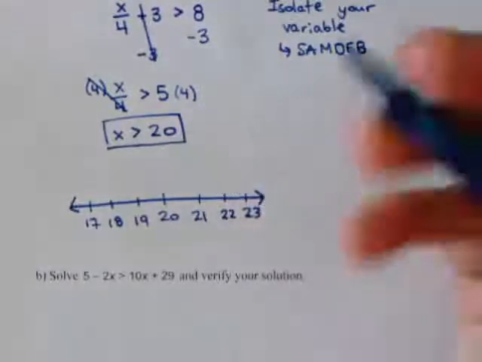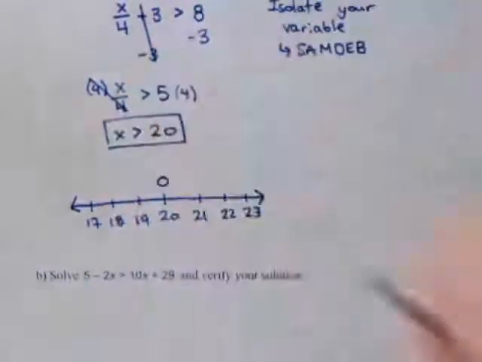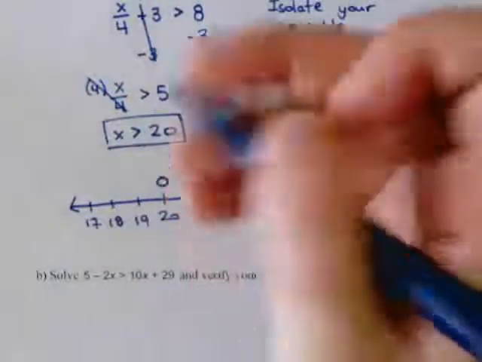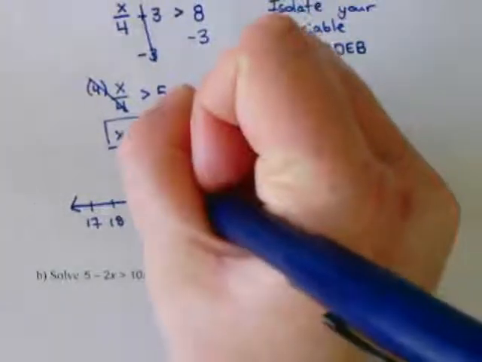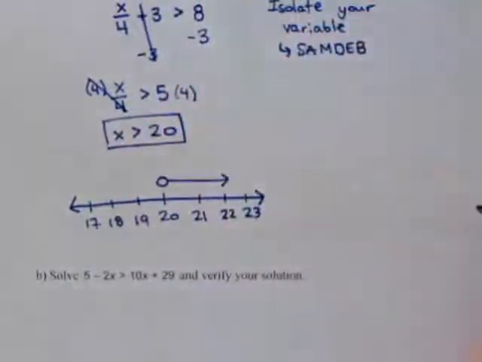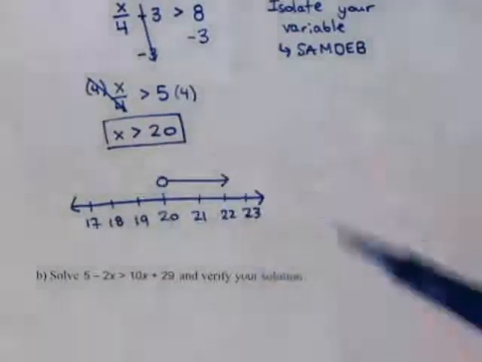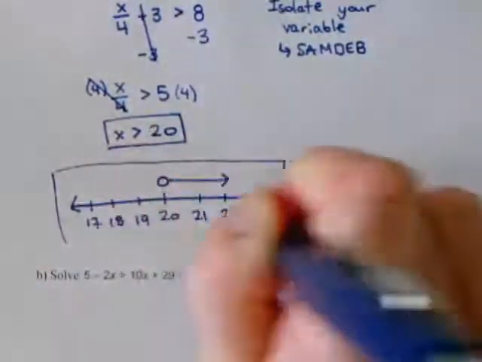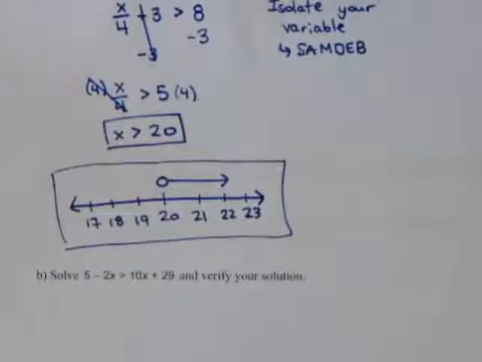Therefore, we need to have an empty circle. And then, because x is greater than 20, we have to put an arrow facing the numbers higher than 20. That would be our second answer, graphically. So you can square that off as well.